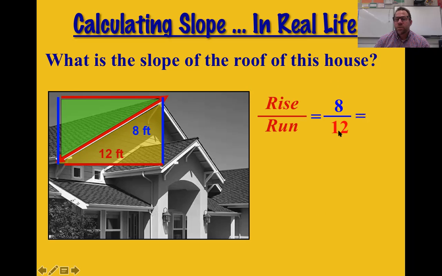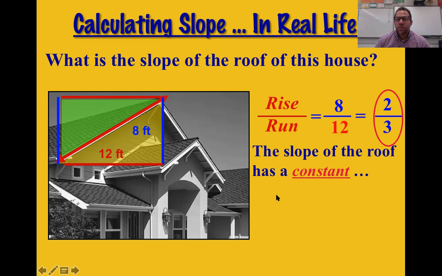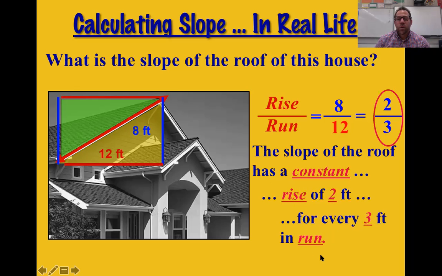Okay, so this we can simplify or reduce. So I can divide a 4 out of both of those. If I take a 4 out, this is going to reduce down to 2 over 3. It's a ratio, and this is how we would say it. We would say the slope of the roof has a constant rise of 2 feet for every 3 feet of run.